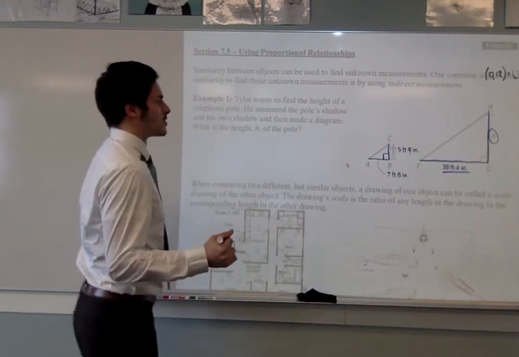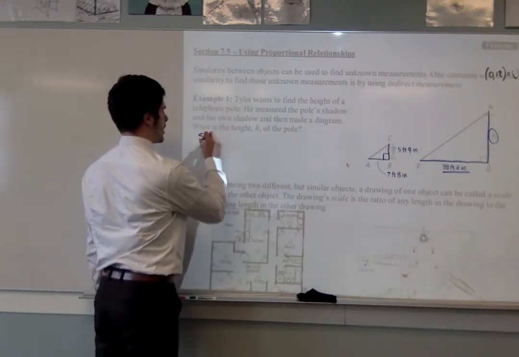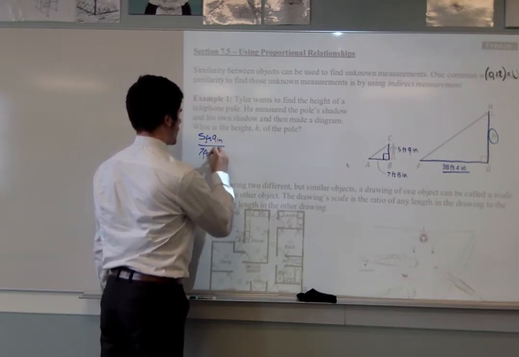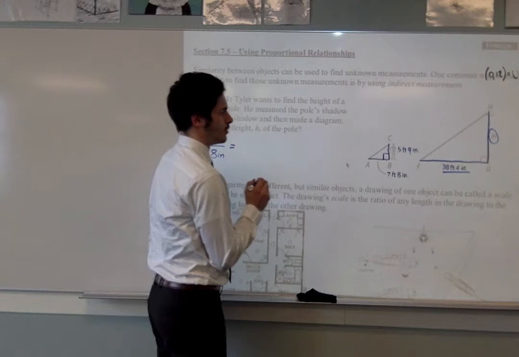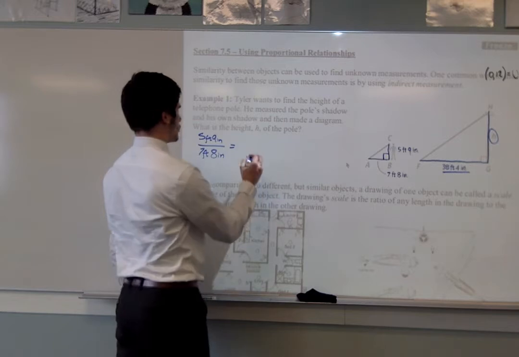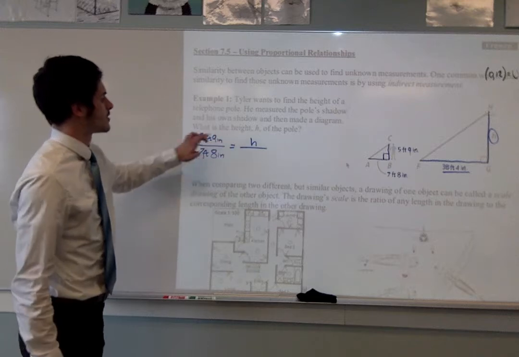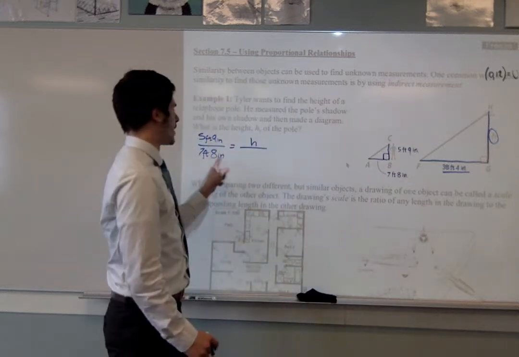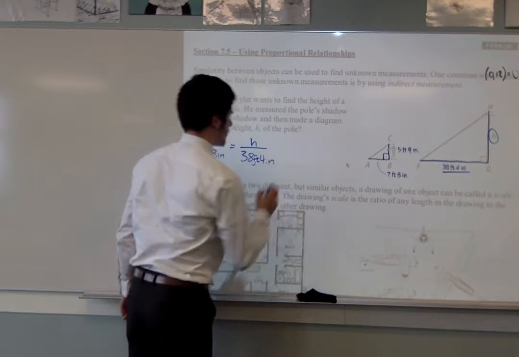To do that, we're going to use our proportions, and our proportions are going to be 5 foot 9 inches over 7 foot 8 inches, that's triangle 1, and that's going to be equal to the relationship between H and, because we want to have corresponding sides, we've got the side and the side, and then the bottom and the bottom right here, 38 foot 4 inches.